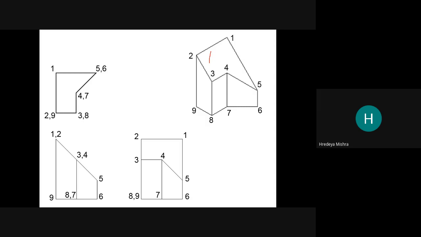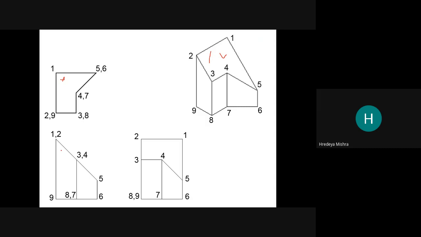So you can observe this: 1 2 3 4 5. This is not the true shape. This is our true shape.